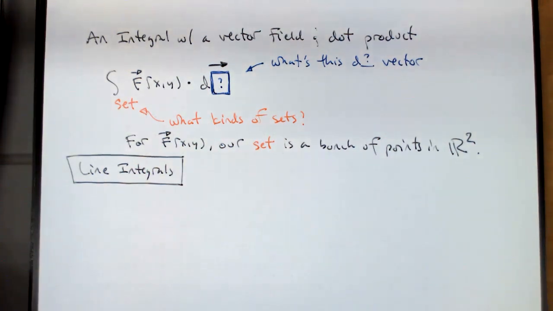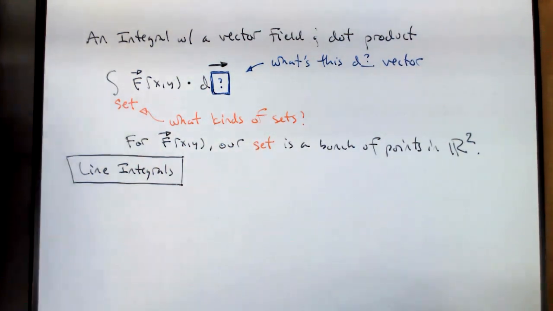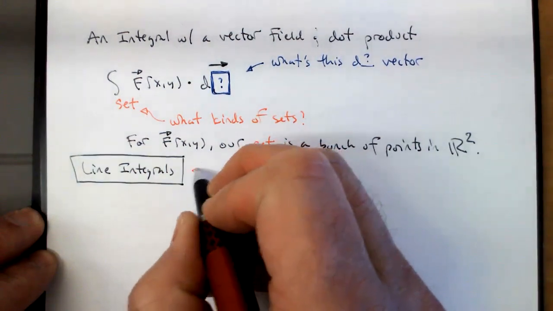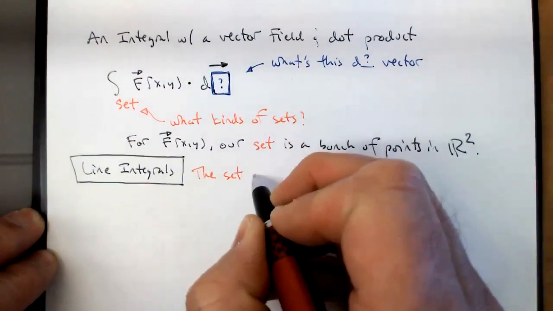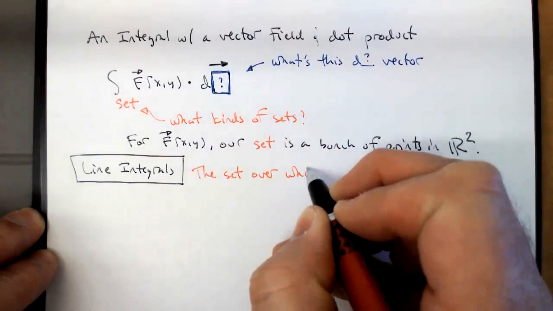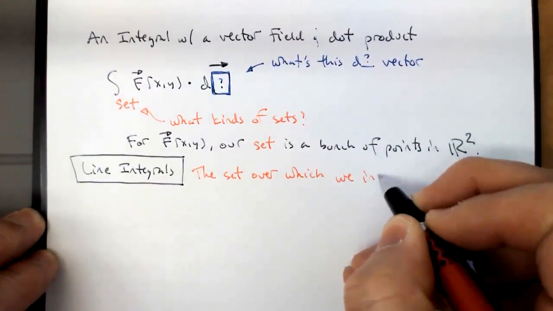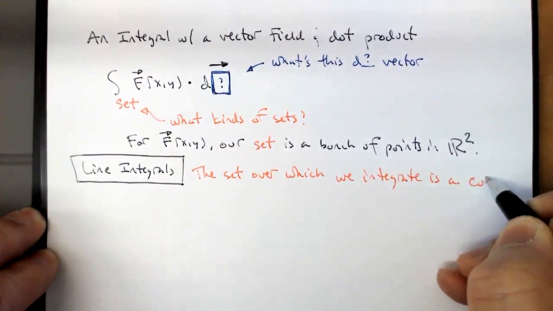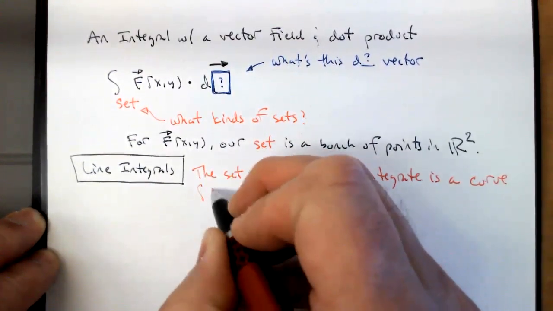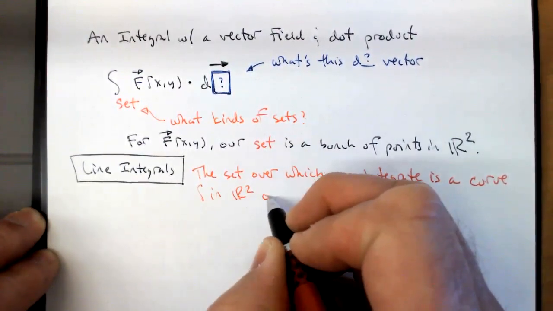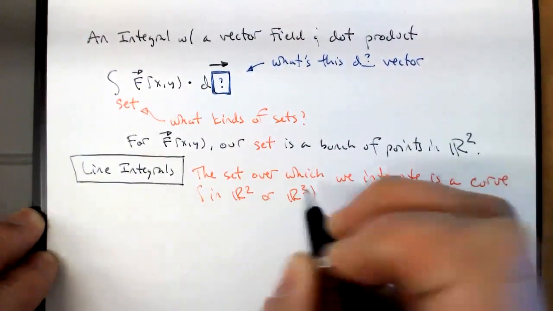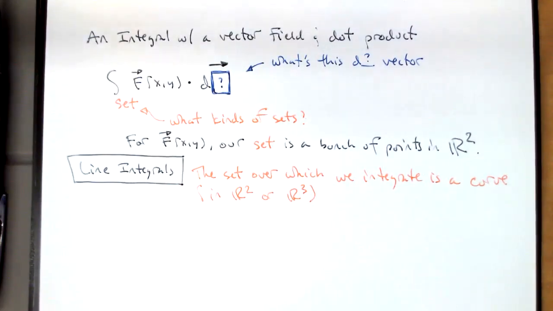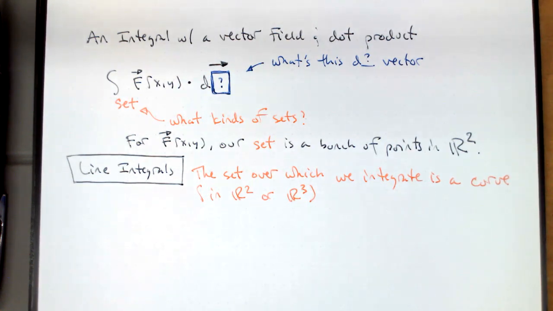The set over which we integrate is a curve. We can do this in R2 or we can do this in R3. We can describe a curve in R2 or R3.